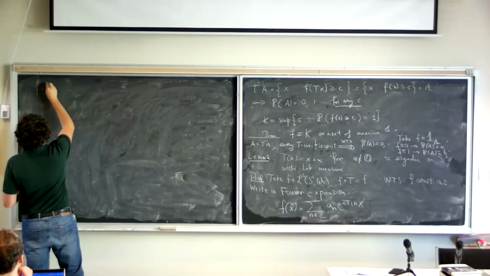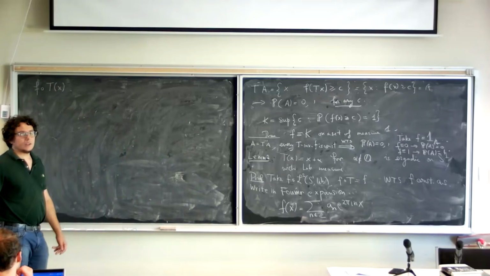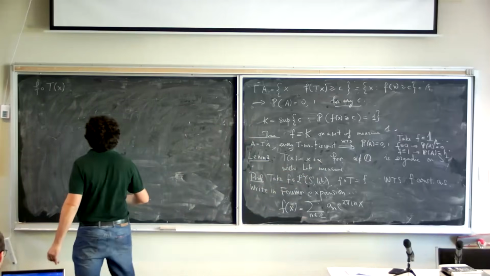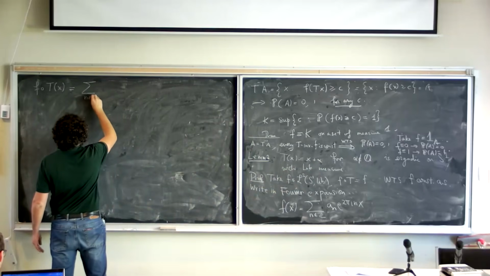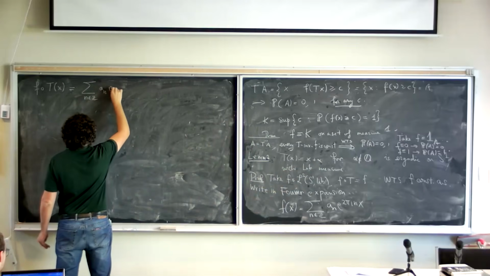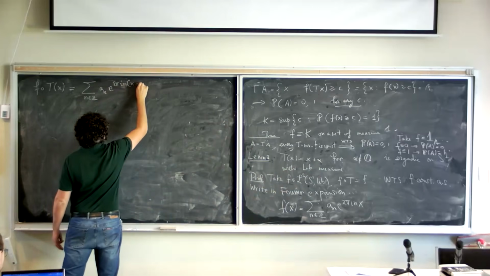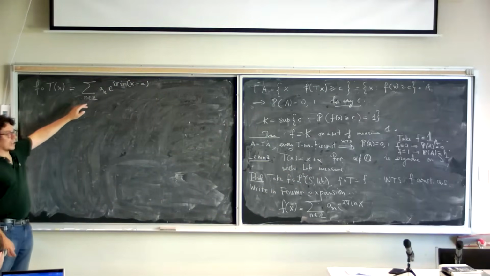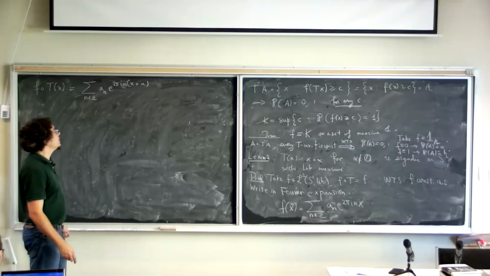So f composed with T of x. The map T is x plus alpha. So we can just write this as the sum over n in Z of a_n e to the 2 pi i n (x plus alpha). Again, this map is defined almost surely. So it's not true for every point, but certainly for a full measure set of points.